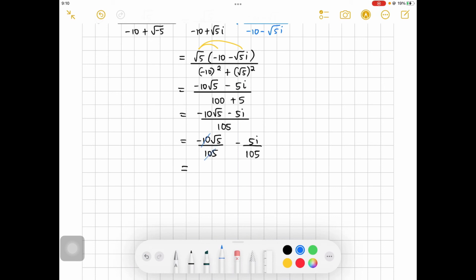Take note that 10 and 105 are divisible by 5. So 10 over 5, that's 2. 105 divided by 5, that's 21. 5 and 105 can also be simplified. 5 divided by 5, that's 1. 105 divided by 5, that's 21. So our final answer will be this expression.